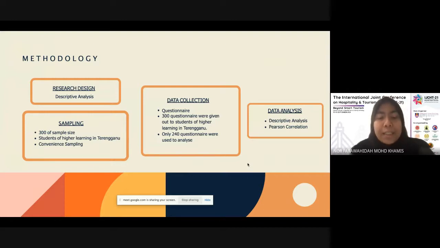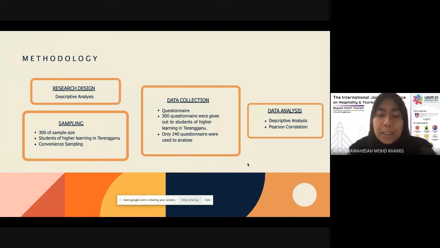As for data collection, a survey was carried out to collect the information. The questionnaire was designed and formulated through the adaptation of previous studies. 300 questionnaires were given out to students of higher learning in Terengganu, and only 240 questionnaires were used for analysis.